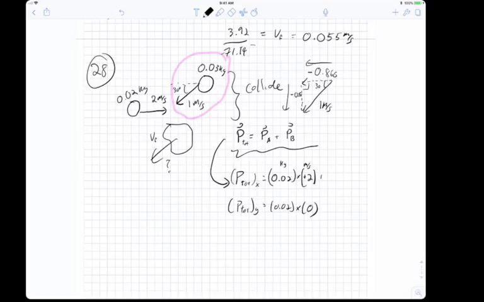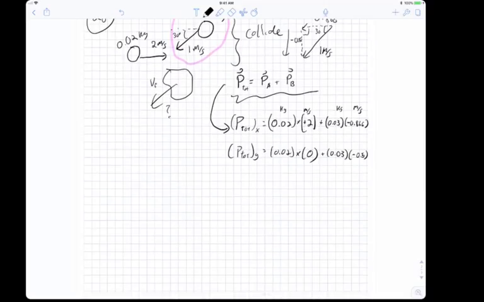So this one will be 0.03 times minus 0.866. And this one will be 0.03 times its velocity, minus 0.5 kilogram meters per second. All right. And then I add them up to find the total.